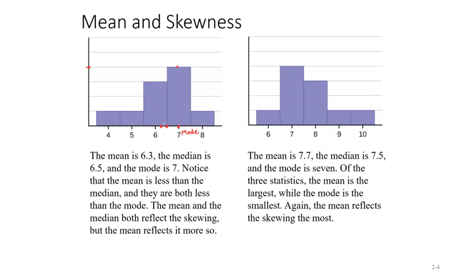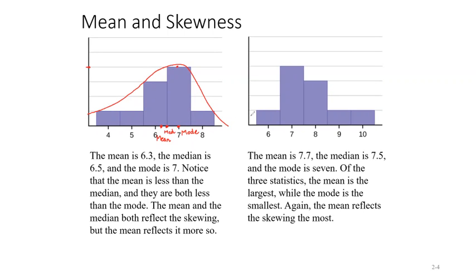Now, the mean is affected by these many lowest values because this is skewed to the left. It will affect the mean. So keep in mind, the mean is affected by lower values or higher values. The median is somewhere in between, okay?